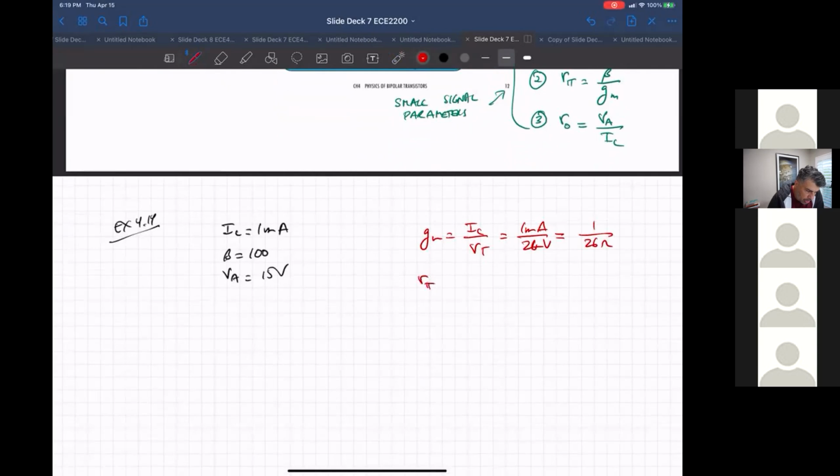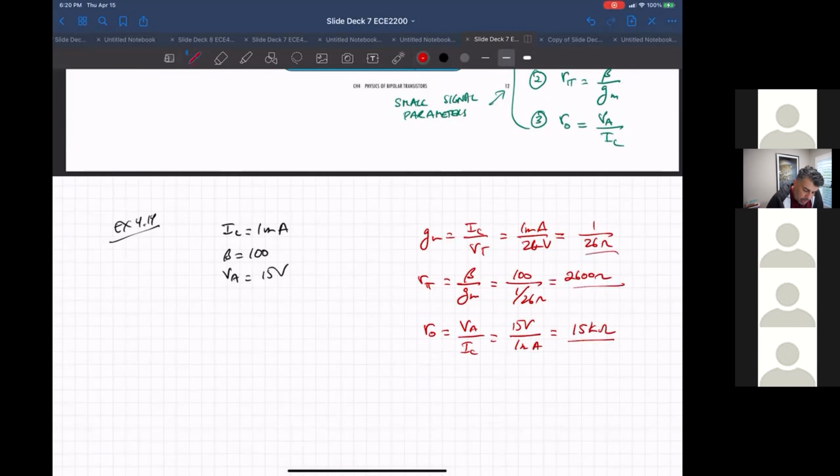R sub pi is beta over G sub M, 100 over 1 over 26 ohms, or 2600 ohms. And R sub out is V sub A over I sub C, 15 volts over 1 milliamp, which is 15 kilo ohms.